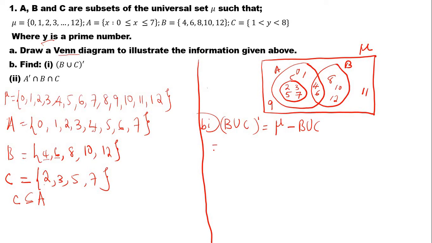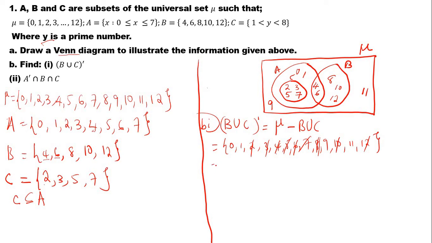So let me list out our universal set again. 0, 1, 2, 3, 4, 5, 6, 7, 8, 9, 10, 11, 12. So everything in B, I'm going to take it off here. 4, 6, 8, 10, 12. And everything in C, 2, 3, 5, 7.